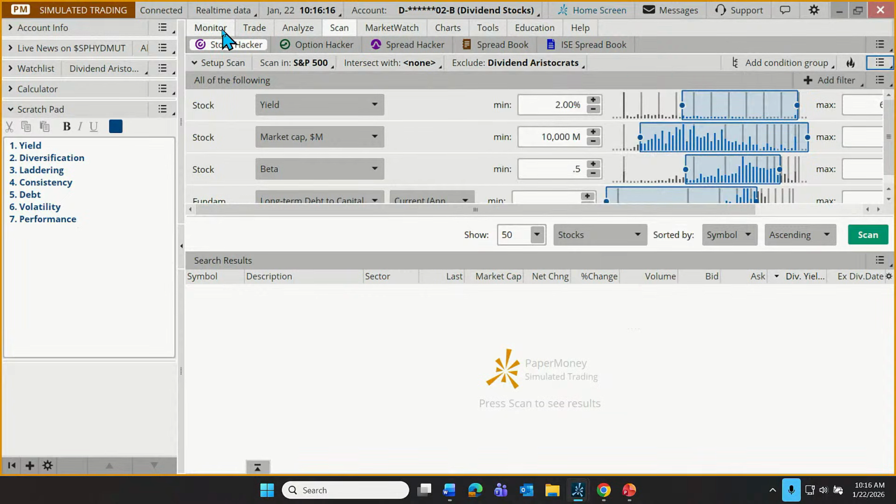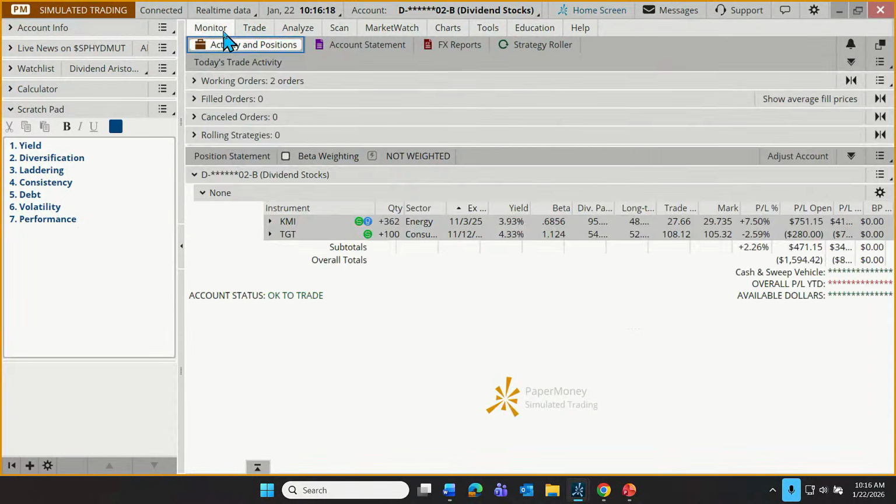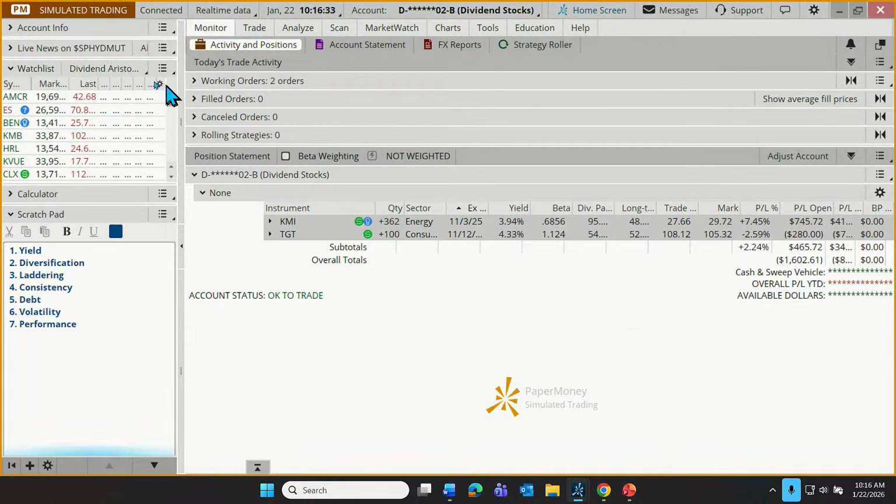All right, now, I also, though, to help us with our review of the dividend aristocrats or the companies found through the dividend working class scan, have a broader list of watch list columns here. And there's so many of them, they actually can't fit in the little window here.